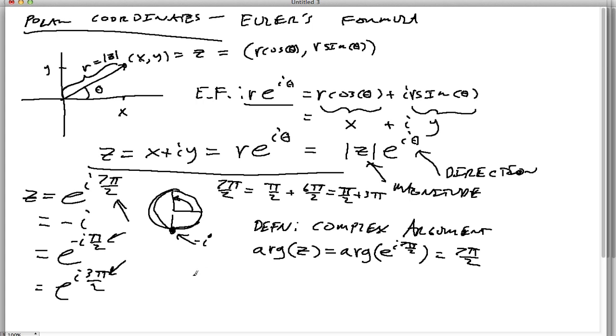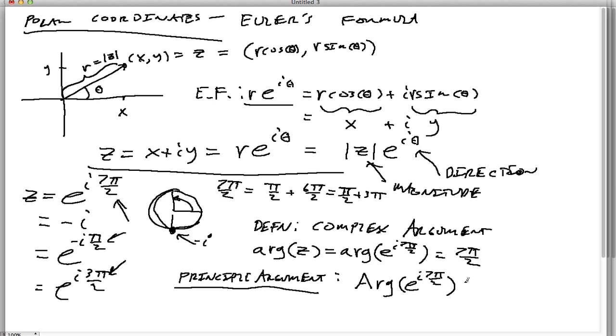But now if I talk about the principal value, the principal value argument is a special version of arg that we're going to use a capital A for. And that's going to produce negative pi over 2.